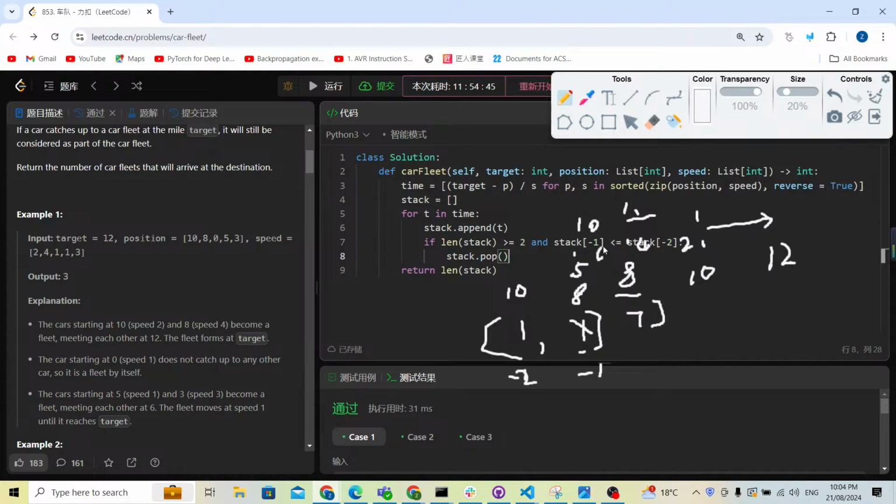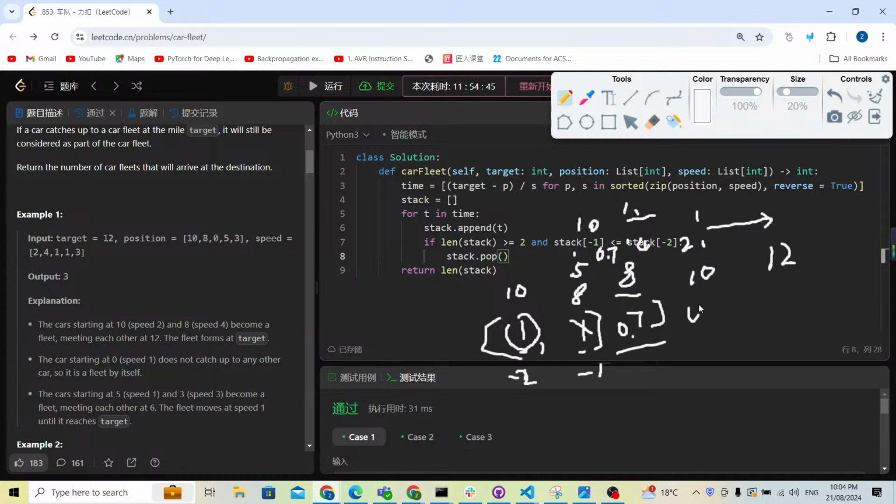So it means after 0.7 seconds, I'm going to reach the target, so this one is going to be 0.7. This means the stack minus 1, for the last car, is less than or equal to the stack minus 2. It means they will become a fleet. So the stack is going to pop out this one, because this is shorter. But finally, it will take the maximum time, which is going to be this one.